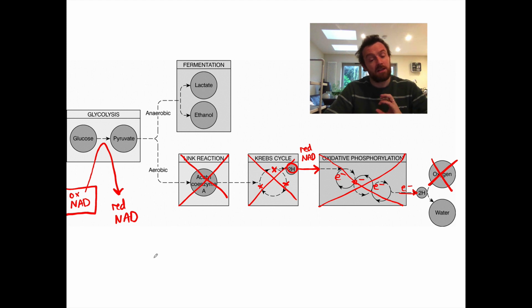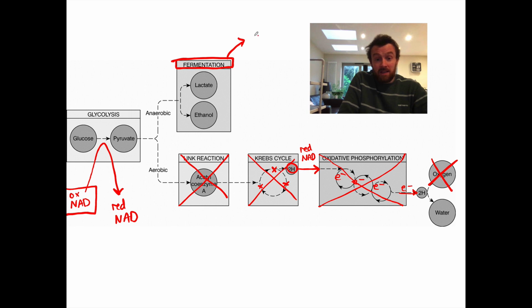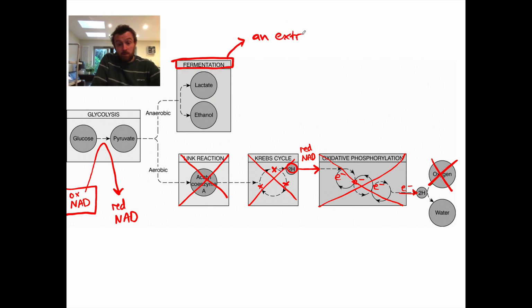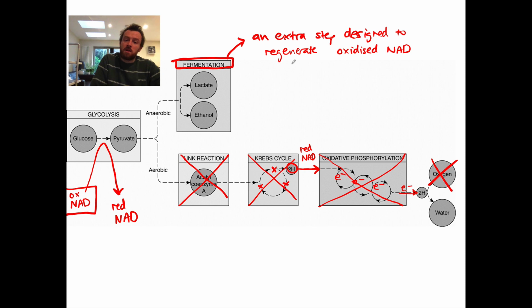So there is a solution. It's not a great solution, but it's kind of a solution. And the solution is something called fermentation. Fermentation, you could write this down, is an extra step designed to regenerate oxidized NAD so that glycolysis can occur.